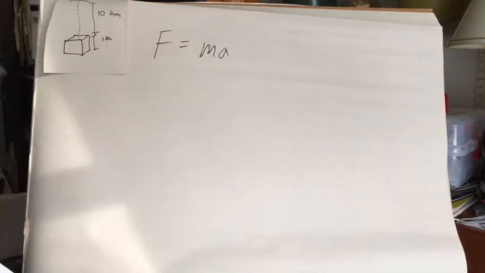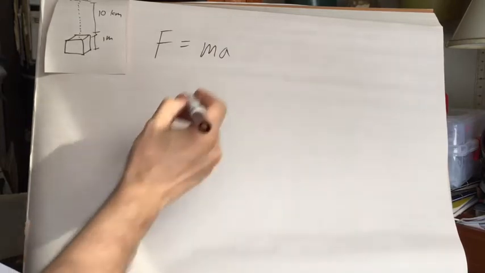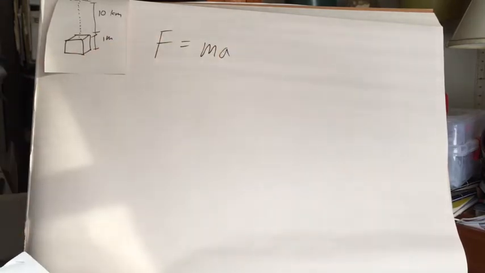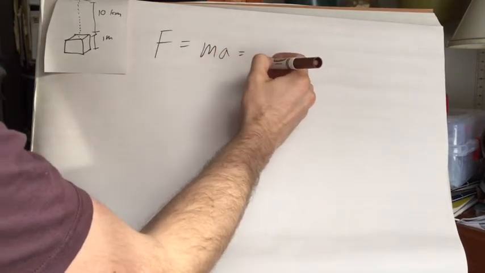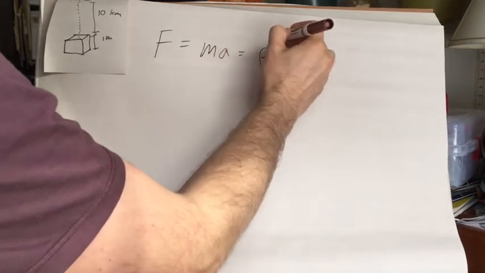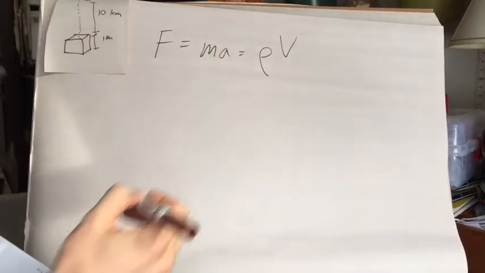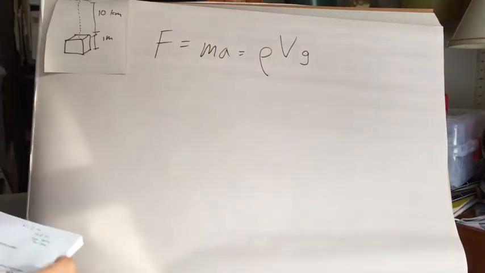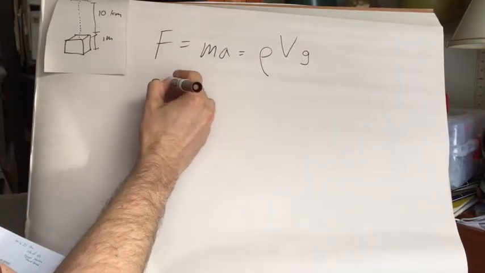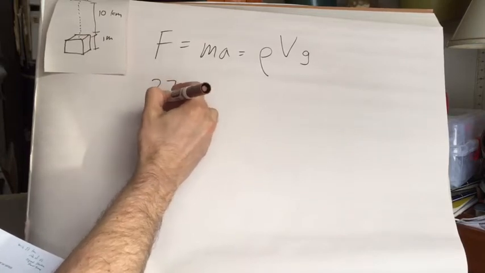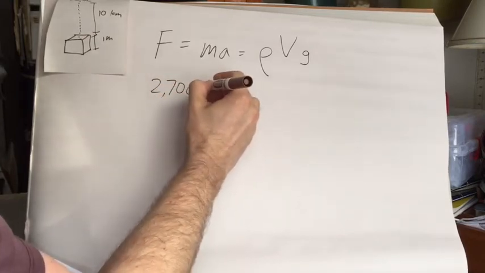So acceleration is going to be the acceleration of gravity, or g. And we can get mass by multiplying density times volume. Typical crustal rocks have a density of about 2,700 kilograms per meter cubed.